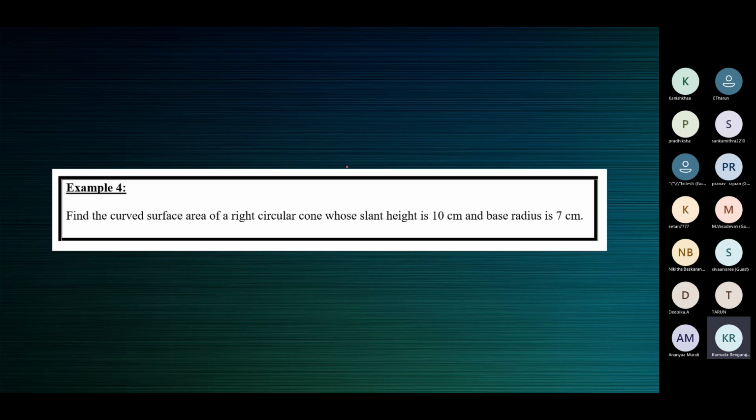What's the formula to find the CSA of a cylinder? Curved surface area. Look into your book if you don't know and tell me.